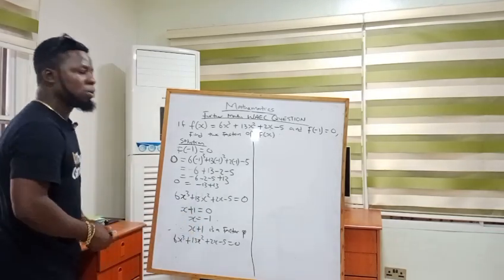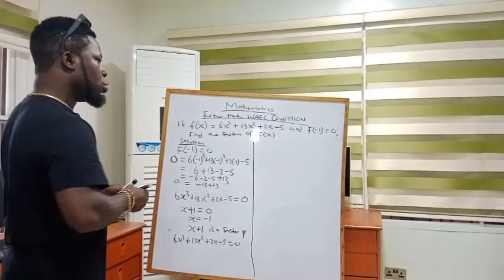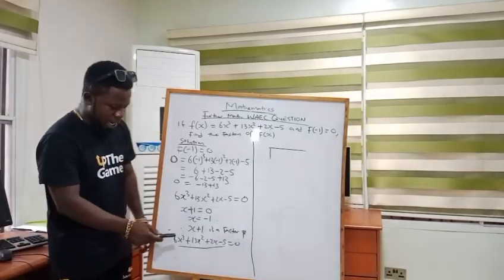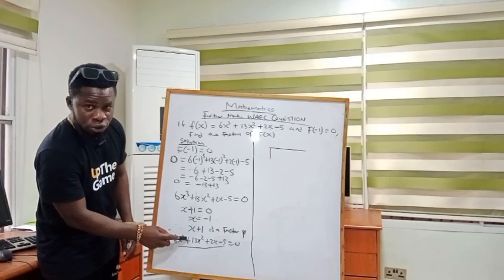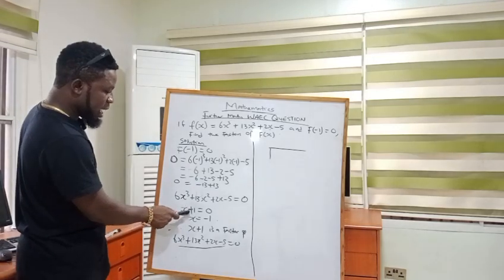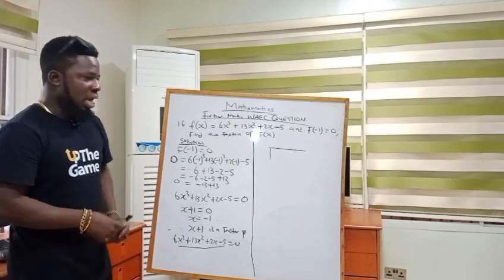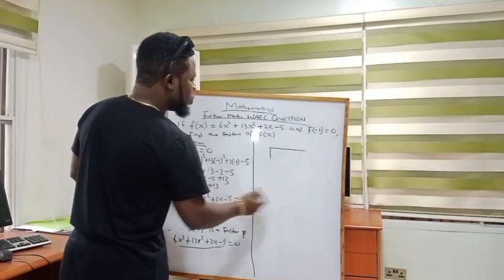So having done that, you now go through what we call the division law using your polynomials. The expression I want to divide, 6x cubed plus 13x squared plus 2x minus 5, is the dividend, and what we are using to divide, x plus 1, is the divisor. The quotient will be the result, which we write here, while the remainder will be the one under.